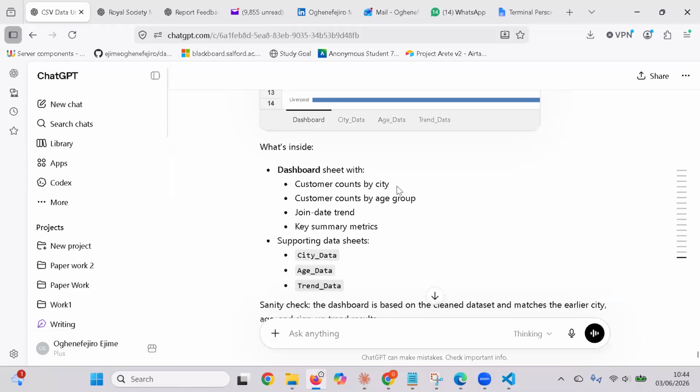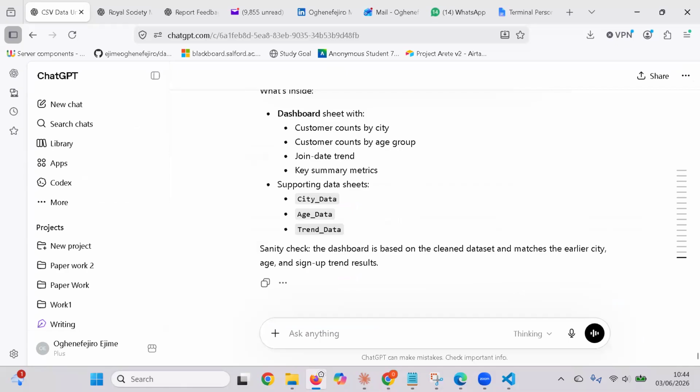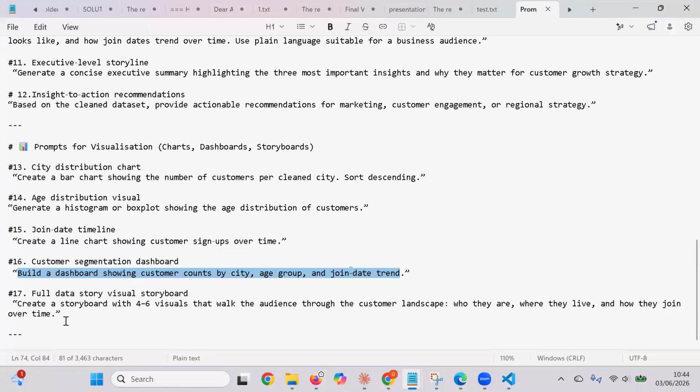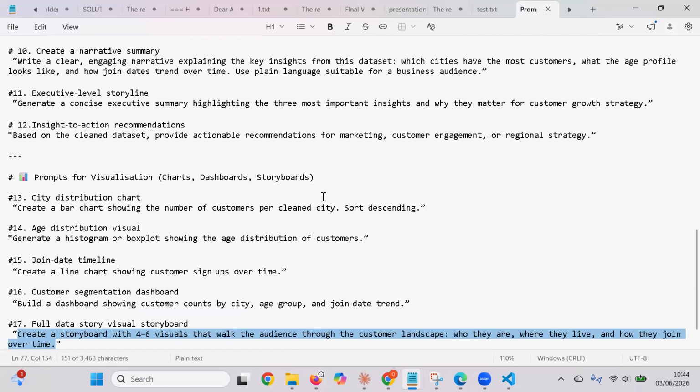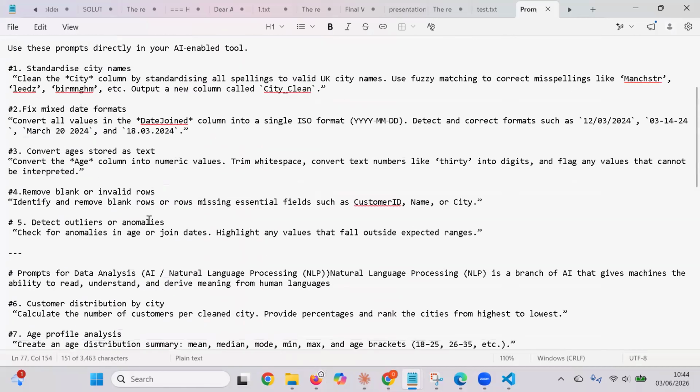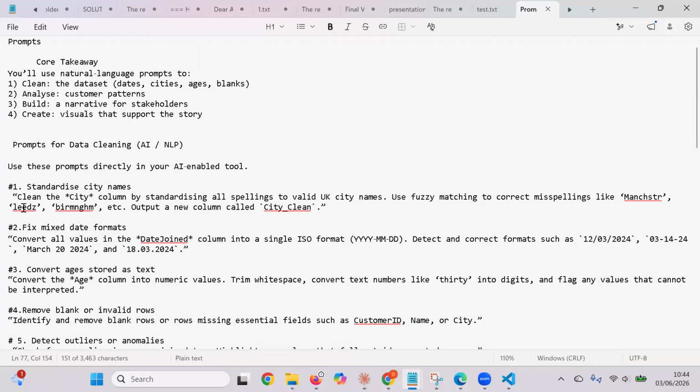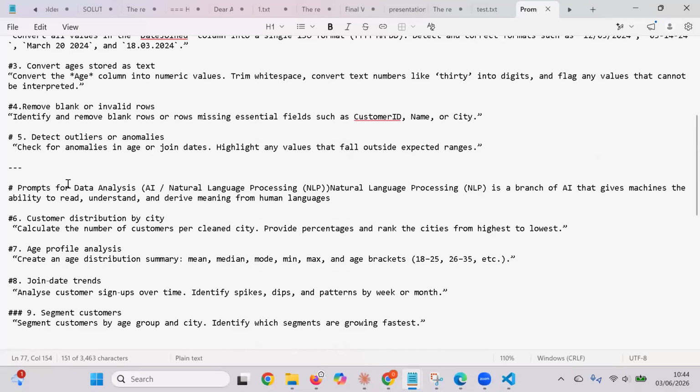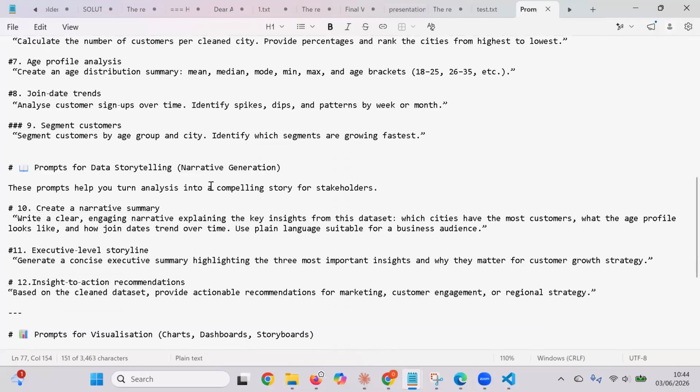To me, this is really incredible in the sense that from a prompt, we have actually built a dashboard and told a story from the dashboard. The first thing we did was clean the data, then we did analysis, then we did storytelling.